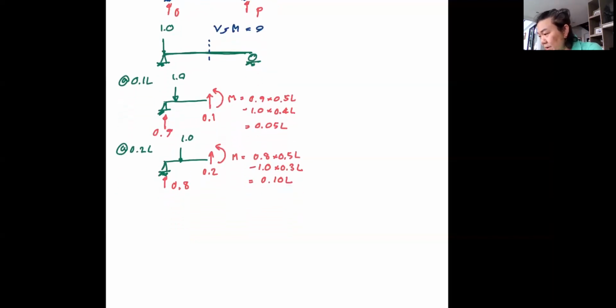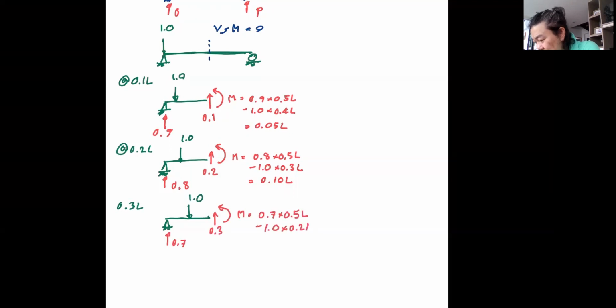And now I can move it again to 0.3 L. Now I have 0.7, I have 0.3, and my moment becomes 0.7 multiplied by 0.5 L minus 1 multiplied by 0.2 L. This becomes, is that correct?